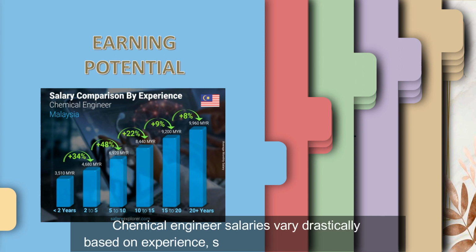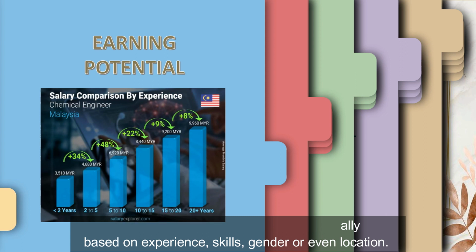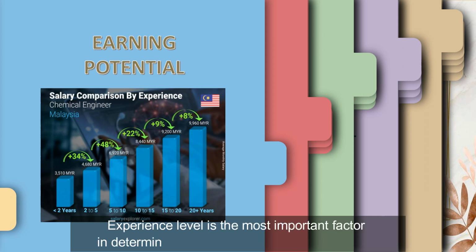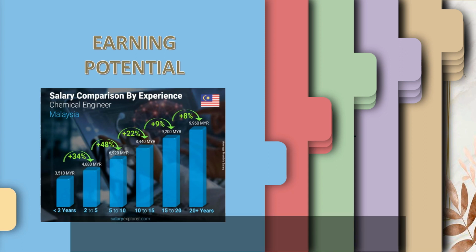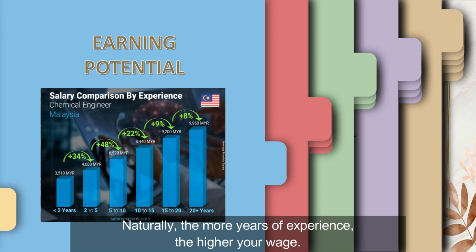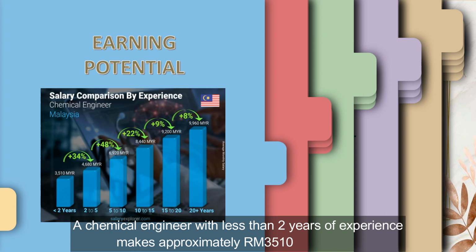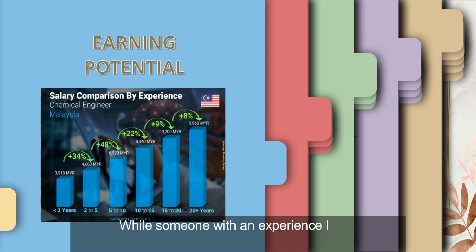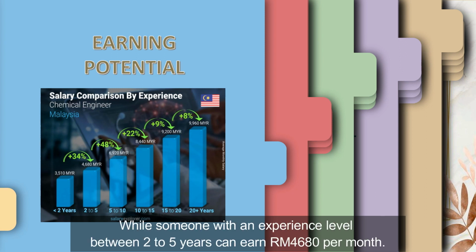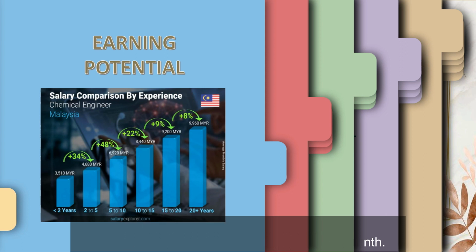Chemical engineer salaries vary drastically based on experience, skills, gender, or even location. Experience level is the most important factor in determining the salary of a chemical engineer. Naturally, the more years of experience, the higher your wage. A chemical engineer with less than 2 years of experience makes approximately 3,510 Malaysian ringgit per month, while someone with an experience level between 2 to 5 years can earn 4,680 Malaysian ringgit per month.